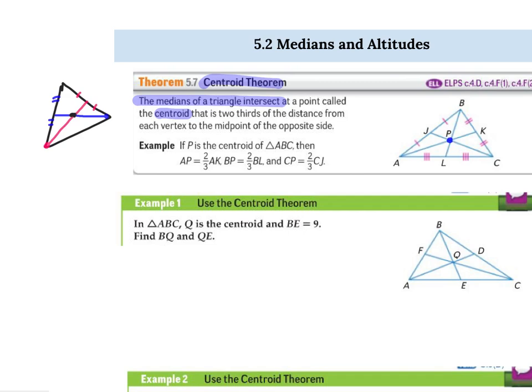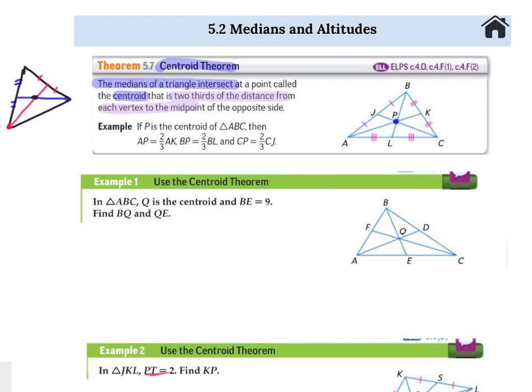So all of our medians intersect at the centroid, and the centroid has a special little rule to it. That's why there's a whole theorem for it. It says that the centroid is 2/3 of the distance from each vertex to the midpoint of the opposite side.